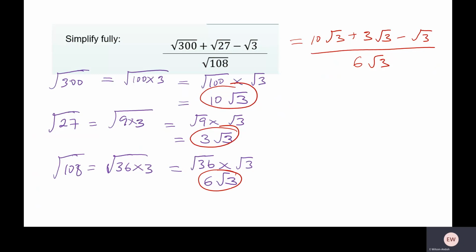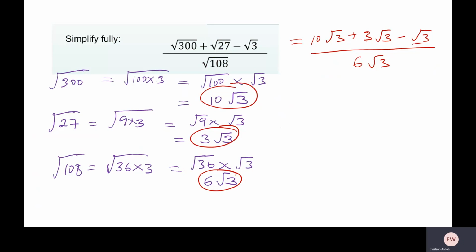Let's simplify the numerator. If we check the terms in the numerator, the terms are the same because we have root 3, root 3, root 3. So let's add the coefficients. So we are going to have 10 plus 3, which is 13, and then minus 1. The coefficient of this root 3 here is -1.